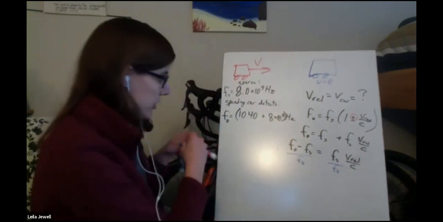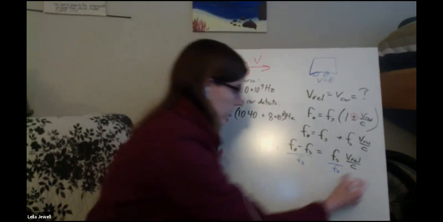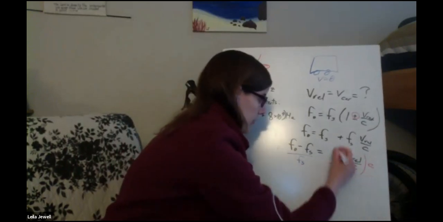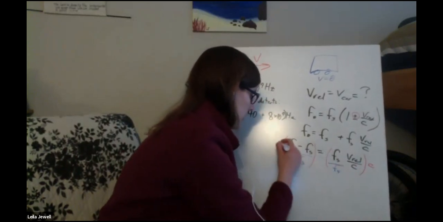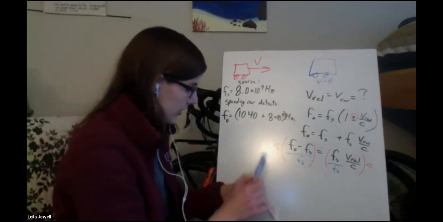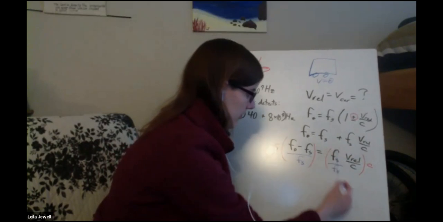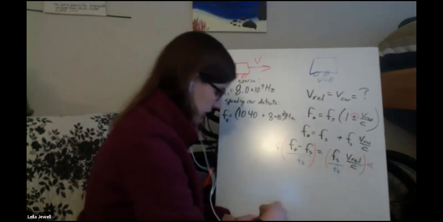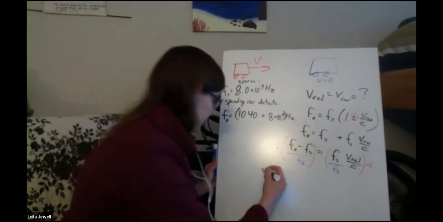I'm going to do both steps at once if you don't mind. Dividing by fs, multiplying both sides by c. And so then the fs's cancel, the c's cancel, and we're left with this expression for v rel.